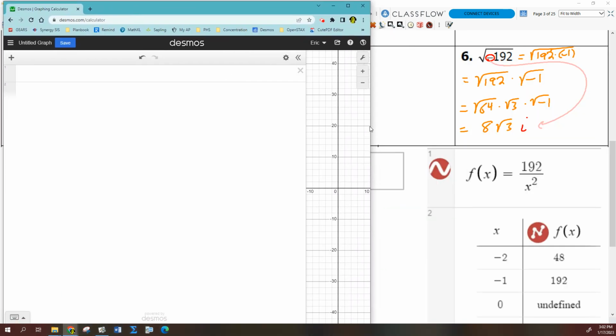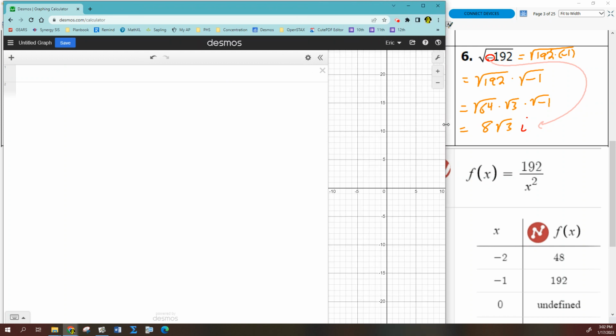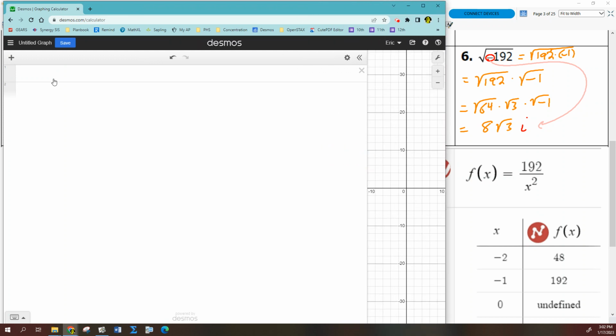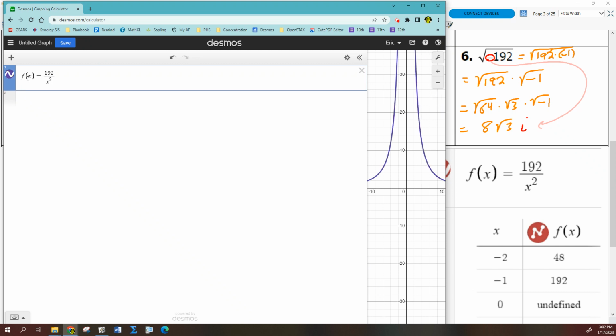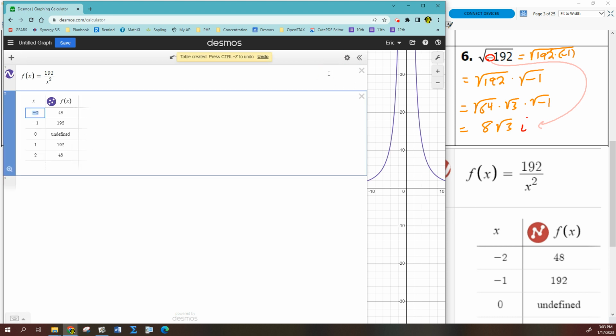Whatever number is inside the radicand, I'm going to create a function in Desmos graphing that equals that number divided by x squared. And then I'm going to create a table from that. So I'm going to go up to the gear and hit create table.